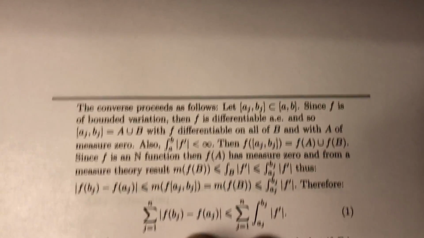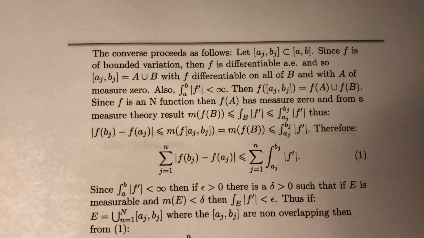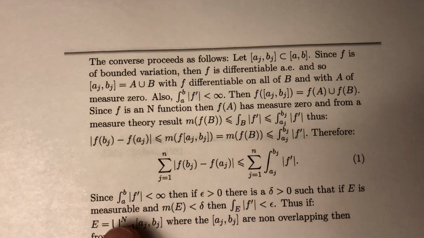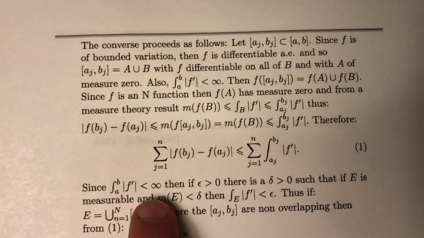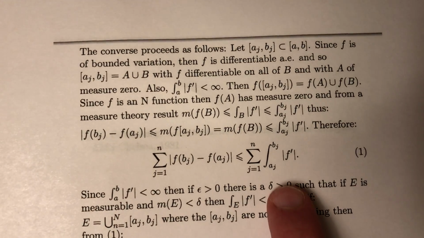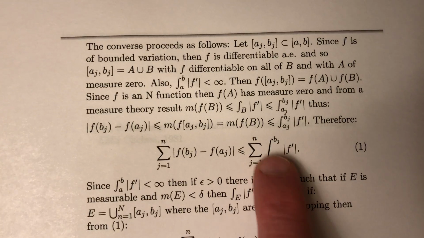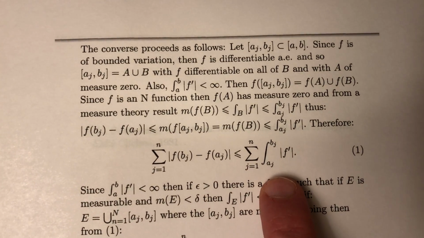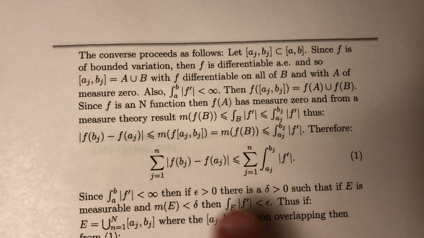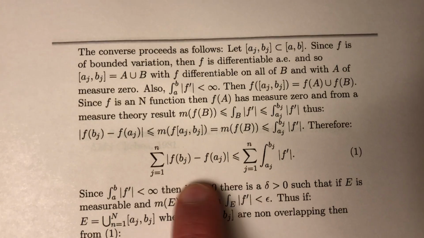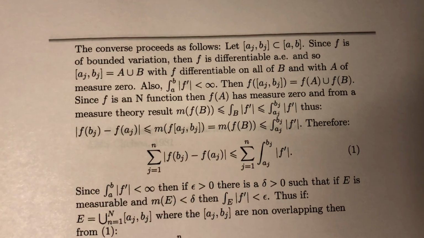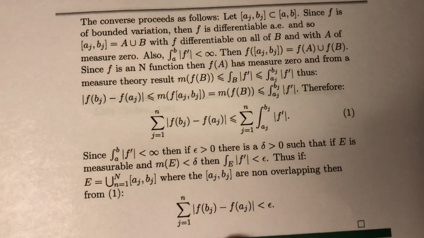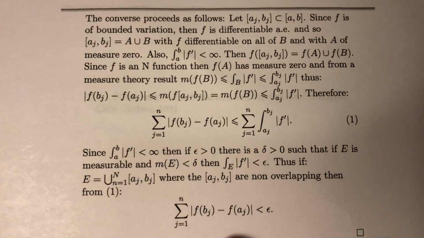Taking sums, you get this, and since the integral of f prime over the entire interval is finite, it turns out that if these (a_j, b_j) sets are very small, then this difference can also be made very small. And that's basically the definition of what it means to be absolutely continuous.